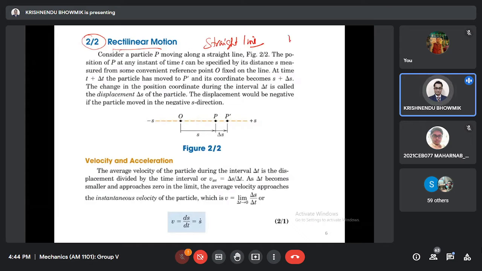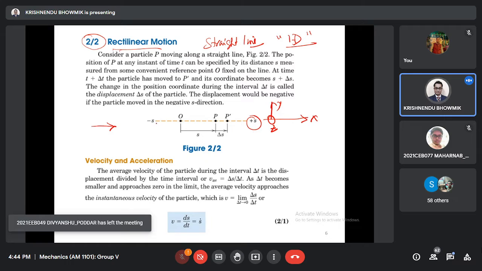That means this is a 1D problem. Only x is enough to represent that type of movement.